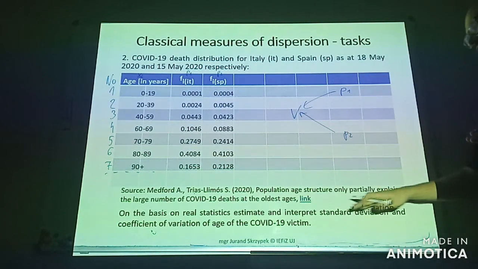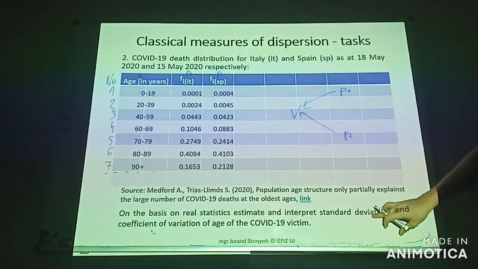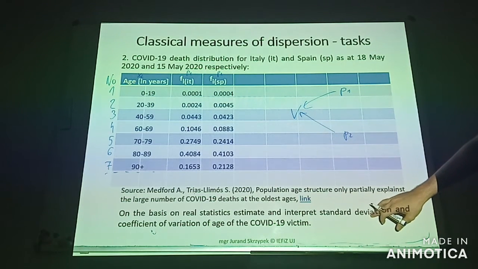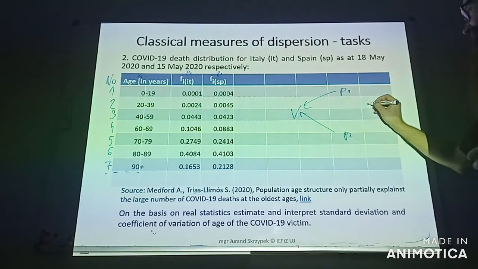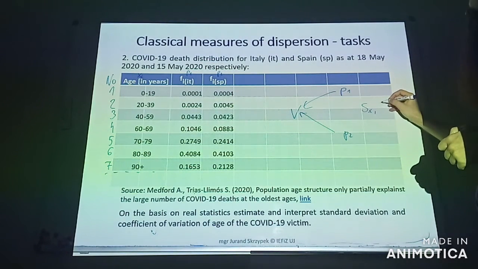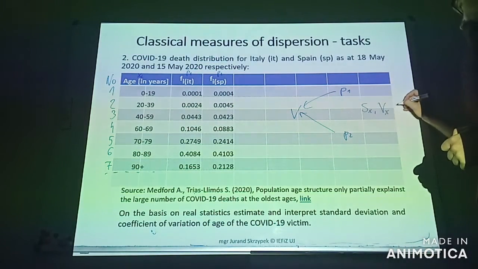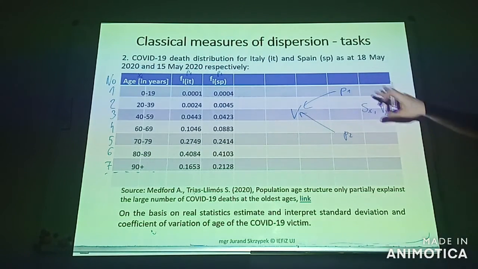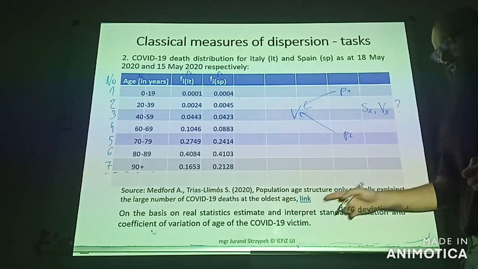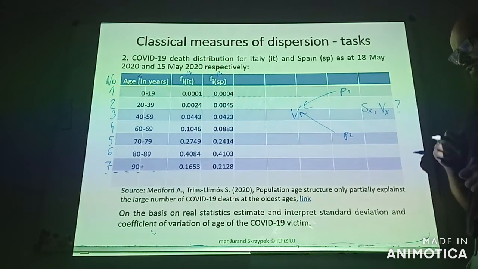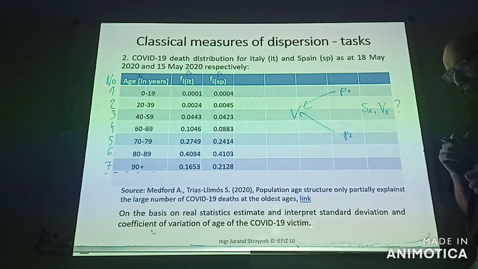And our task is to, on the basis of the real statistics, estimate and interpret standard deviation and coefficient of variation in this population in respect of age of the COVID-19 victims.